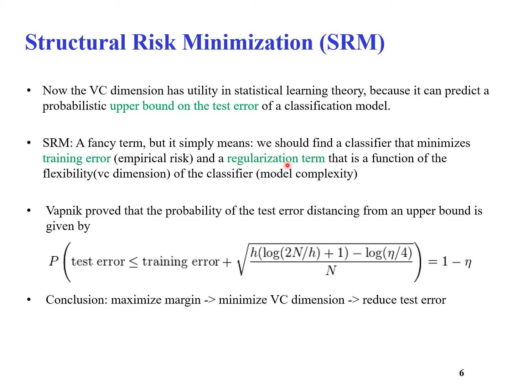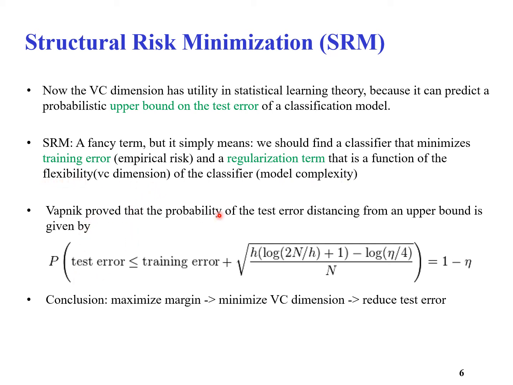The regularization term is a function of flexibility, or you can say a function of Bayesian dimension. Again, Bayesian dimension is the measure of flexibility. So you have to minimize training error, and at the same time you have to minimize the regularization term. It represents the complexity of a model, the flexibility of a model.